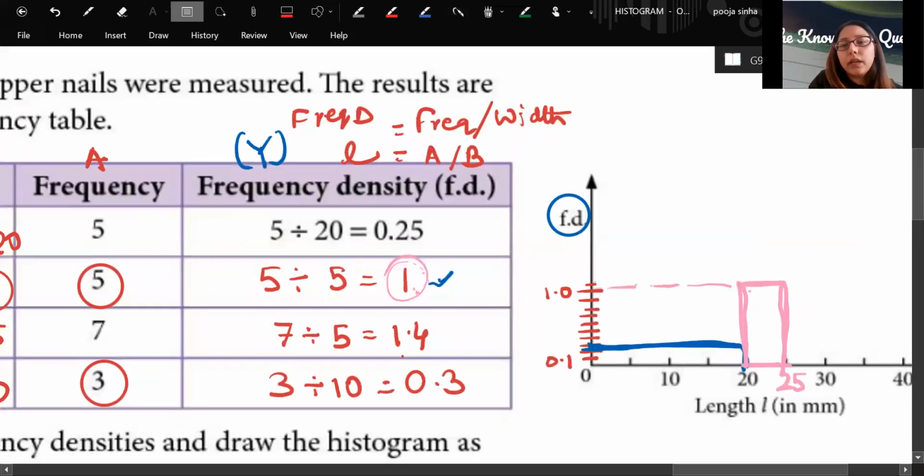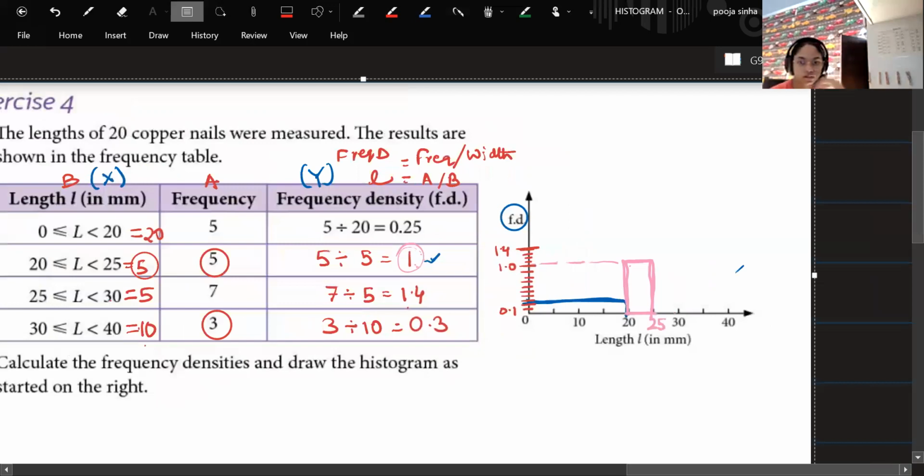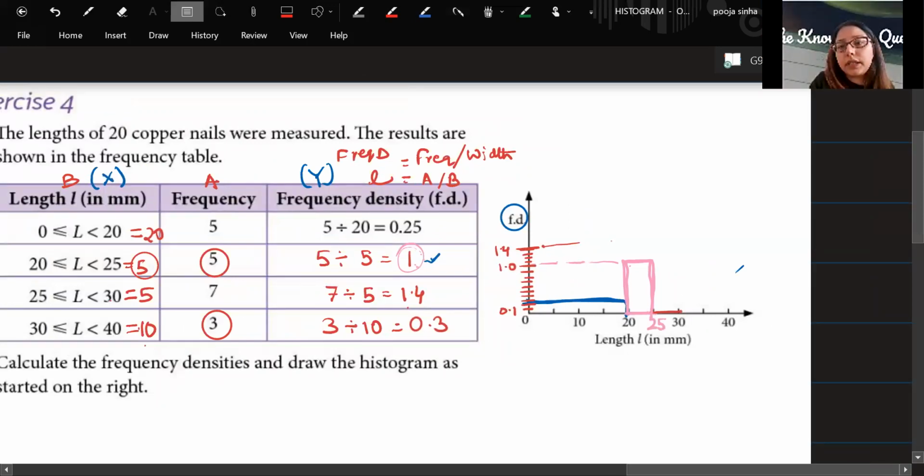So 1.1, 1.2, 1.3, and 1.4. This is 1.4. And it is from where to where? 25 to 30. And it has to go up till this height. So I'll go and do this. That's the next one. ठीक है, ये clear हुआ?